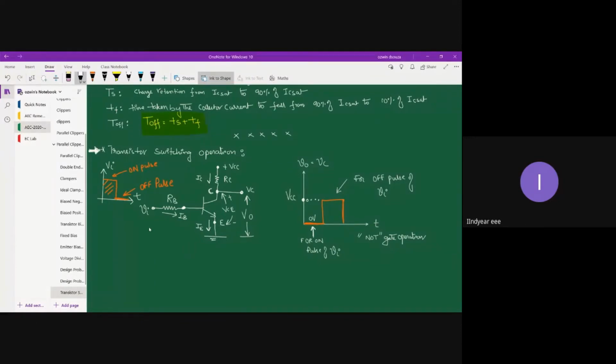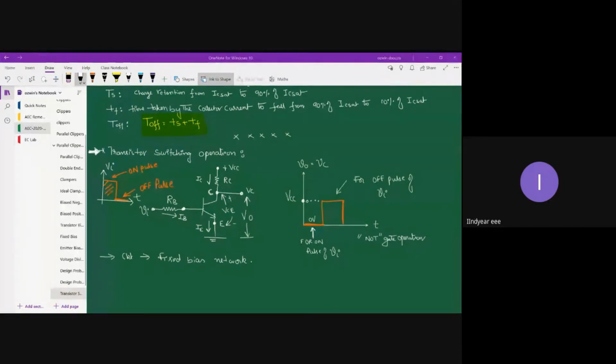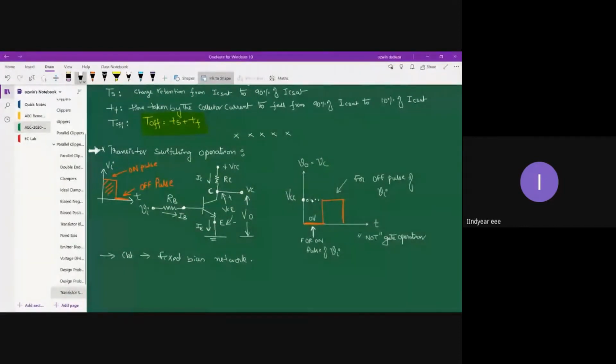Basically, this particular circuit follows a fixed bias network. You can clearly observe that the base is connected with RB, the collector is connected with RC, and the emitter is directly held at ground potential. So it's a fixed bias network.